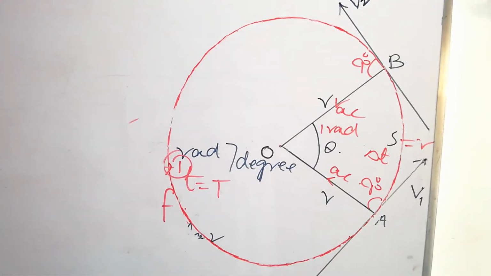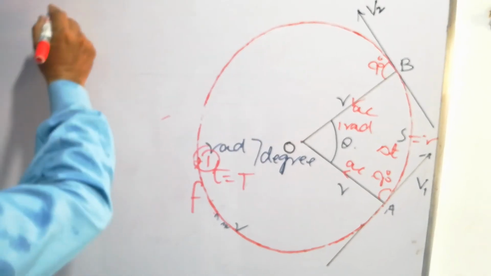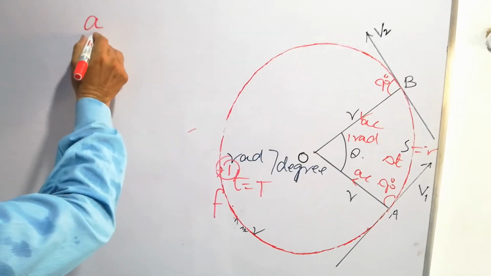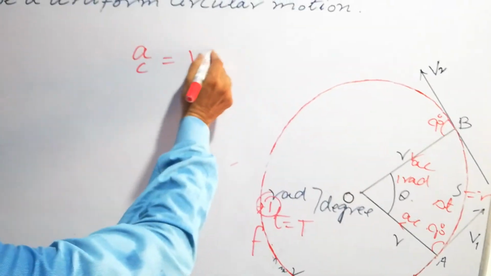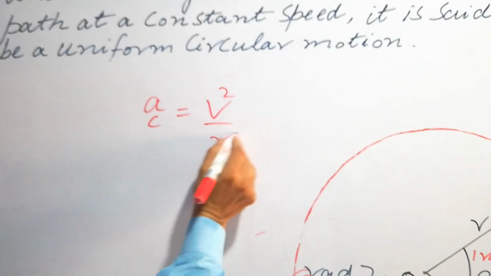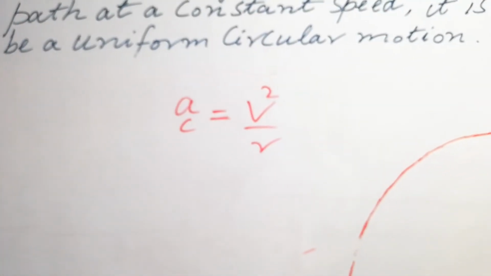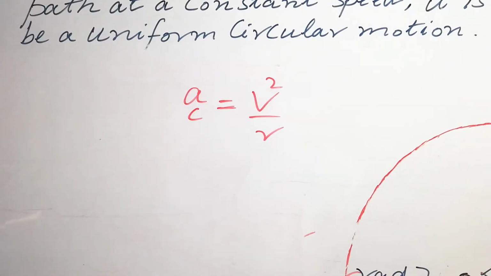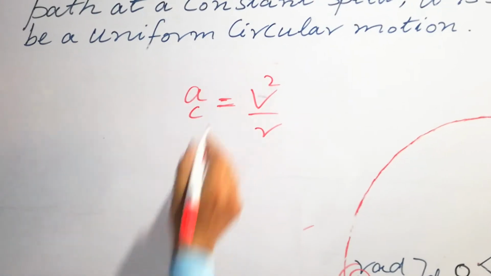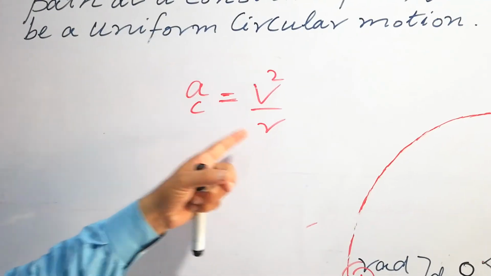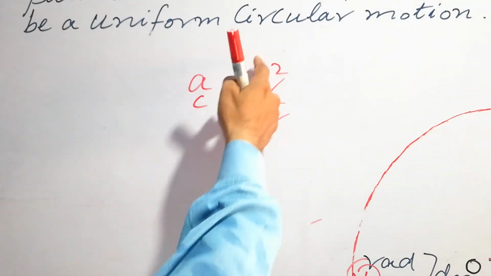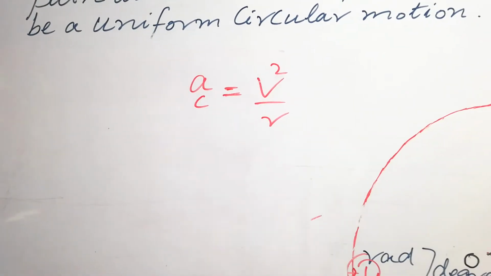AC, the centripetal acceleration, is equal to v square over r.